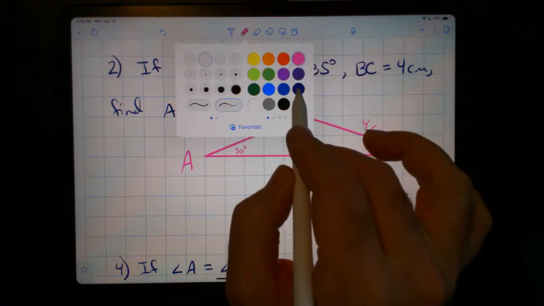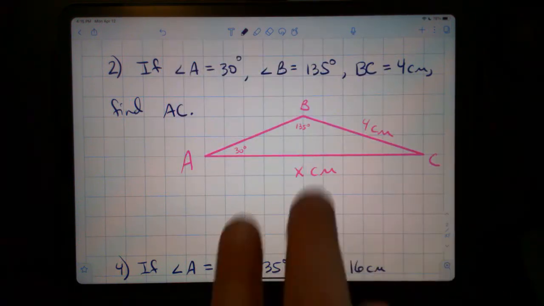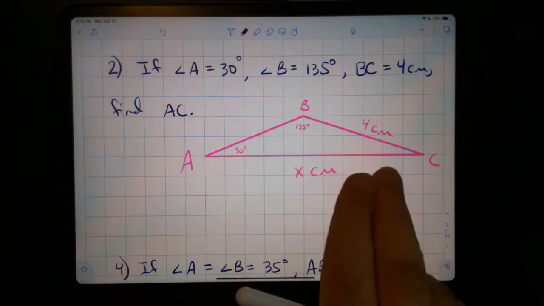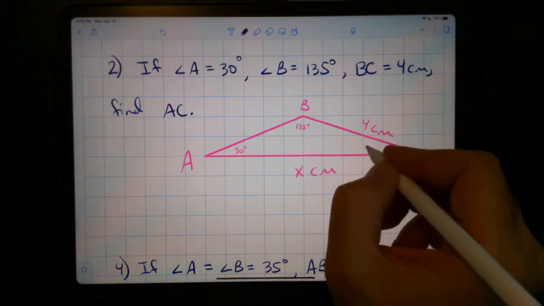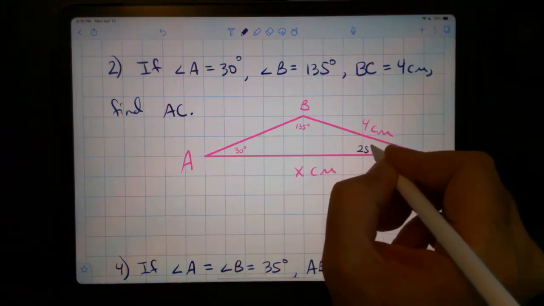Well, we know that this was 165, so this has to be 15 degrees.